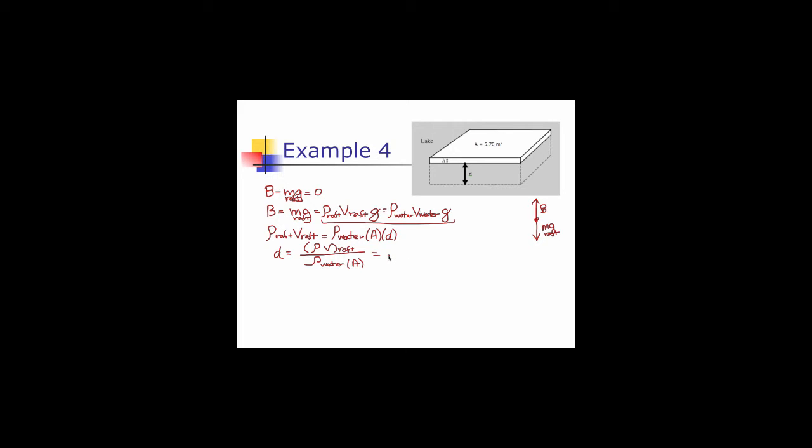And now I can plug in numbers. The density of the raft, 600. Volume of the raft, well, that was given as 0.6 cubic meters.